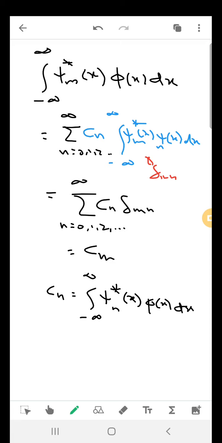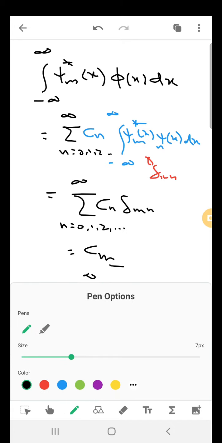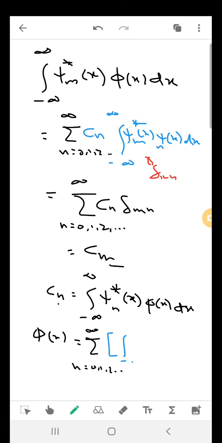So substituting these values of Cm and Cn and phi x, phi x can be written as equal to the integral from minus infinity to plus infinity dx, sorry, summation n is equal to 0, 1, 2 to infinity, integral from minus infinity to infinity psi n star x phi x dash dx dash, into psi n x.